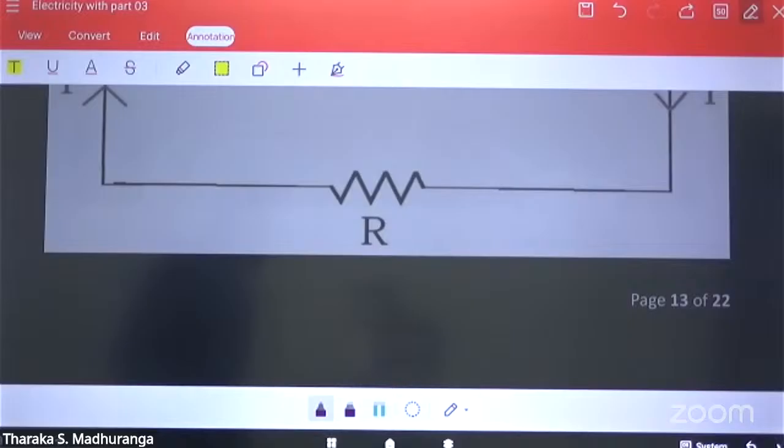Yes, Mithun, that is a definition of voltage: the potential difference between two terminals of a conductor.